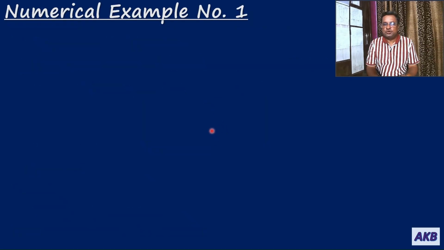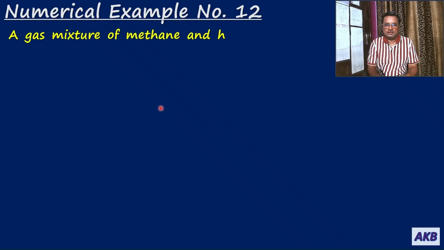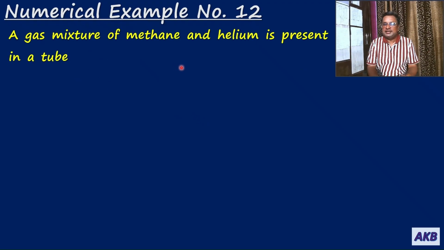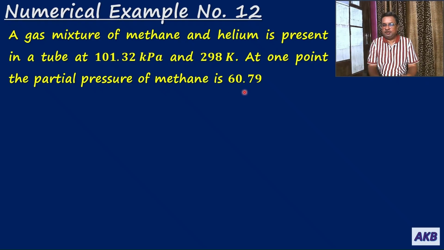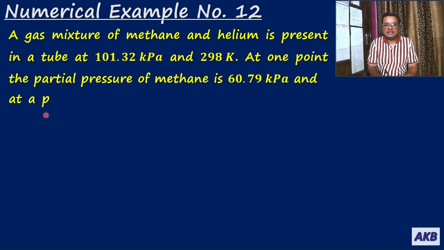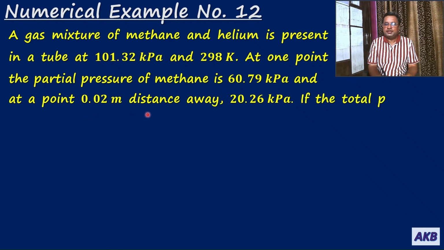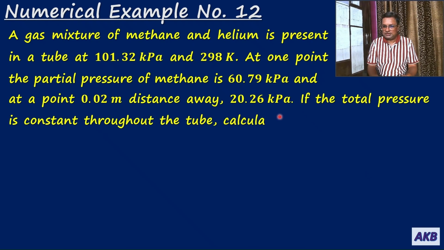So let us first look at numerical number 12. Let us look at the numerical statement. A gas mixture of methane and helium is present in a tube at 101.32 kilopascal and 298 Kelvin. At one point, the partial pressure of methane is 60.79 kilopascal, and at a point 0.02 meter distance away, 20.26 kilopascal.